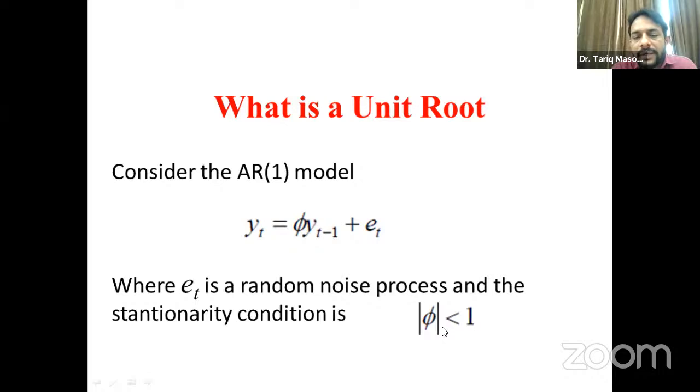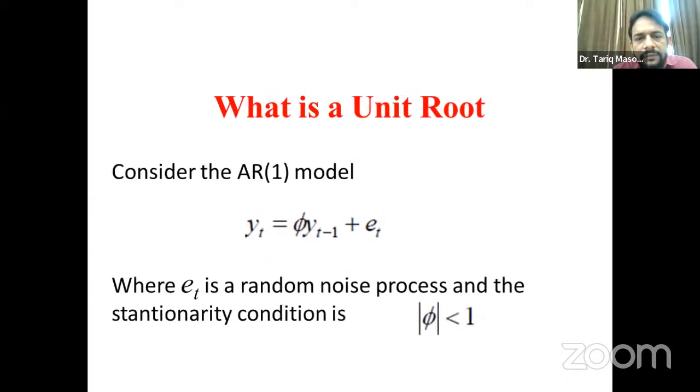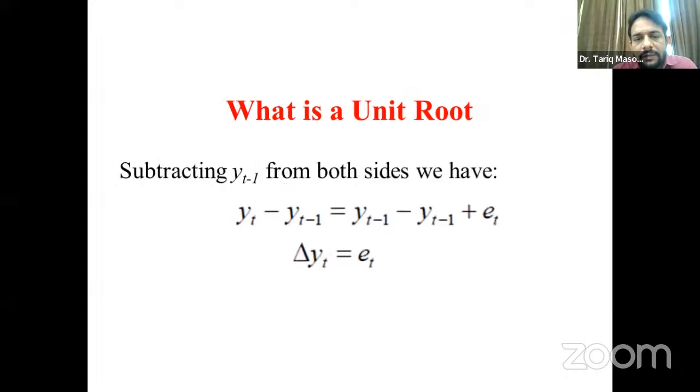But when the magnitude of phi is more than 1, this is the case of non-stationarity, and there is a permanent effect of any particular shock. If the value of phi is 1, and you subtract yt minus 1 from both sides, you will get delta yt is equal to epsilon t, and epsilon t is a pure random process. So by taking a simple difference, you will get a pure random process.